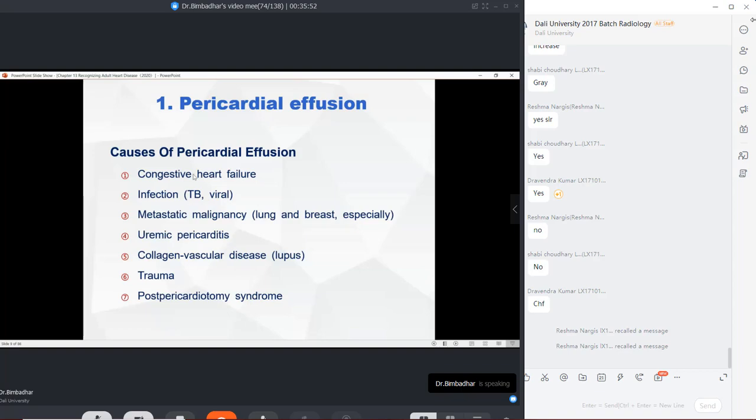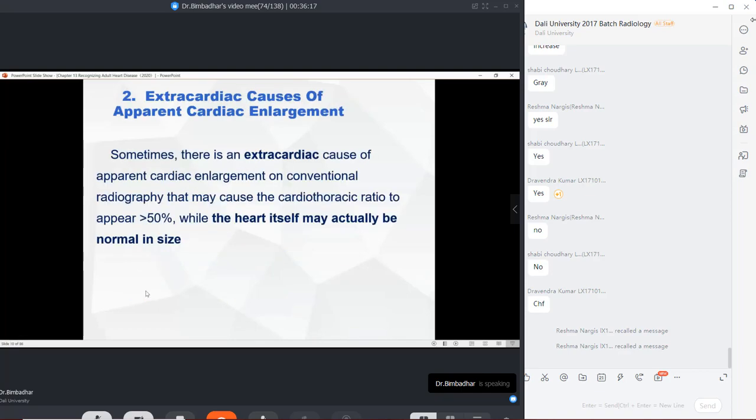So these are the conditions: congestive heart failure, especially, which is the most common one, then metastatic disease being the second most common, and infections also being potential causes. And trauma in most conditions are the most common causes of an increase in pericardial fluid. An increase in the pericardial fluid is called a pericardial effusion, right? Now this is causing an apparent cardiac enlargement.